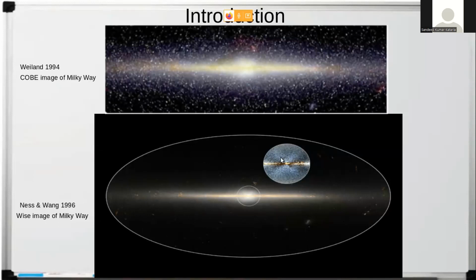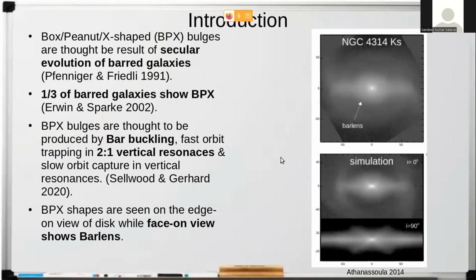This is about our Milky Way galaxy, and these types of shapes are found in many other galaxies also. Usually these box peanut shaped bulges are thought to be the result of the secular evolution of barred galaxies, and we see that in our current nearby universe one third of galaxies have these shapes. These bulges are thought to be produced by the buckling of the bar, which happens just after the bar forms in the disk.